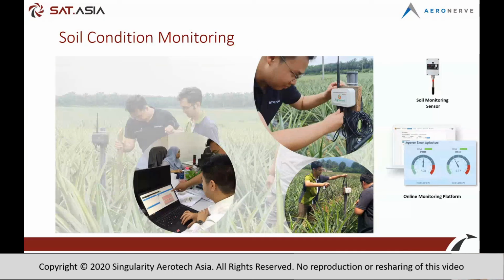Okay, on top of that, we gather data from the soil monitoring: soil condition, pH, NPK, which is nitrogen, potassium, and phosphate. And then we can also check the soil moisture, soil temperature, ambient temperature, ambient humidity, and also rain gauge.